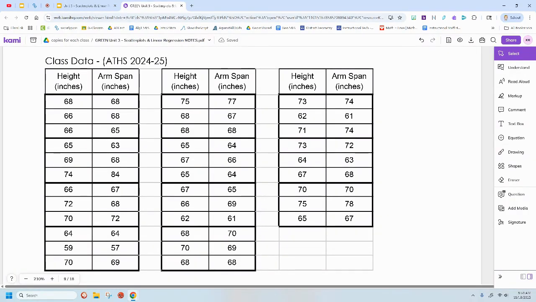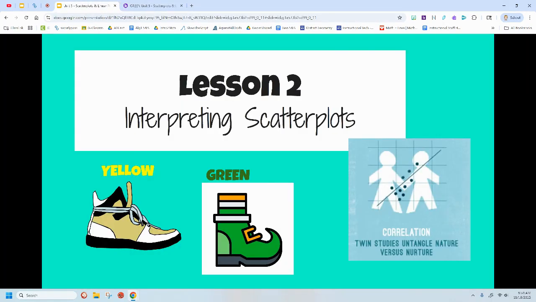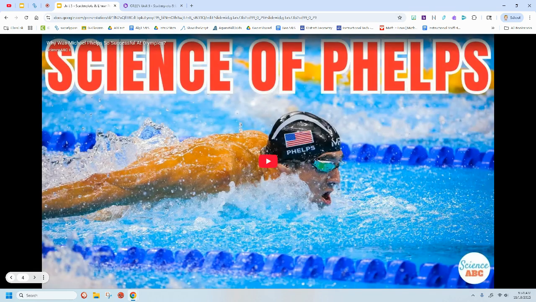Right? Did we measure arm span and height the other day? Yes. And that is an interesting relationship that's out there. Now, the reason why I like to do this activity with multiple grade levels of classes is because it gives me a chance to talk about a very famous Olympian named Michael Phelps.